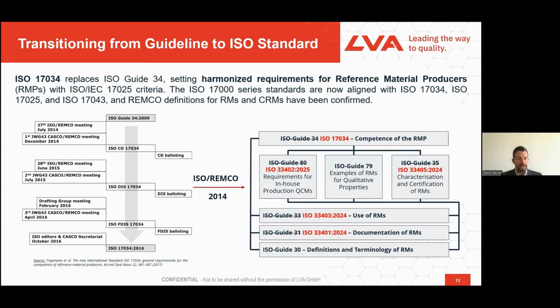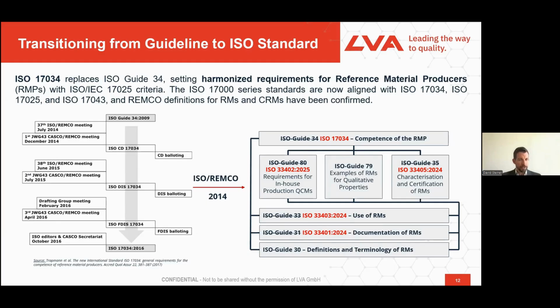Before the ISO standard was introduced, there was no fully harmonized international standard for the production of reference materials. Instead, producers relied on a guideline, the so-called ISO Guide 34, which already defined general requirements, but was not part of a formal accreditation framework. Between roughly 2009 and 2016, a transition phase took place where this guideline was gradually transformed into a fully harmonized ISO standard.